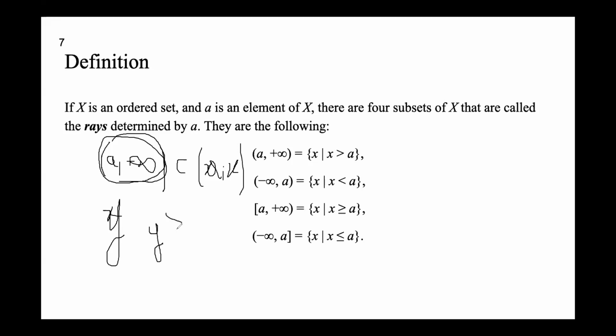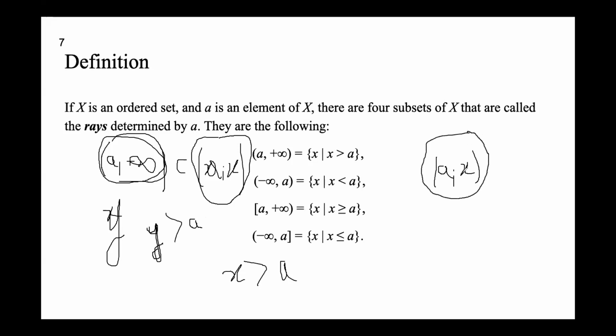So Y is here, that means that Y is greater than A, right? And this set suggests that X is always greater than A, and it is a union of all sets in this form, right? Yes. So we want to prove that Y is an element of at least one of these sets in the union, right? Let's draw a line.